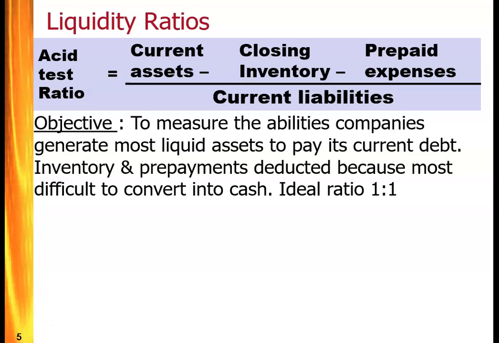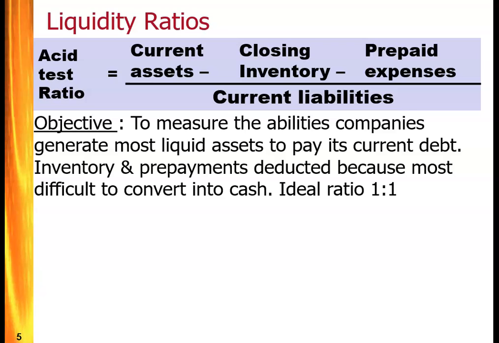The closing inventory is deducted because it's quite difficult for you to turn the inventory into cash, because you cannot force your customer to buy your inventory. You just cannot take them into your shop and force them to buy. If the customer does not want to buy the inventory, it will not be turned into cash.